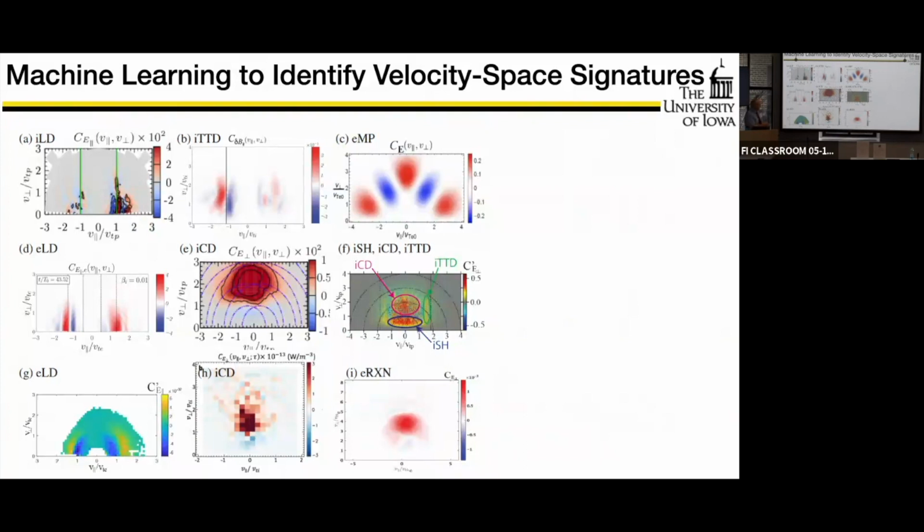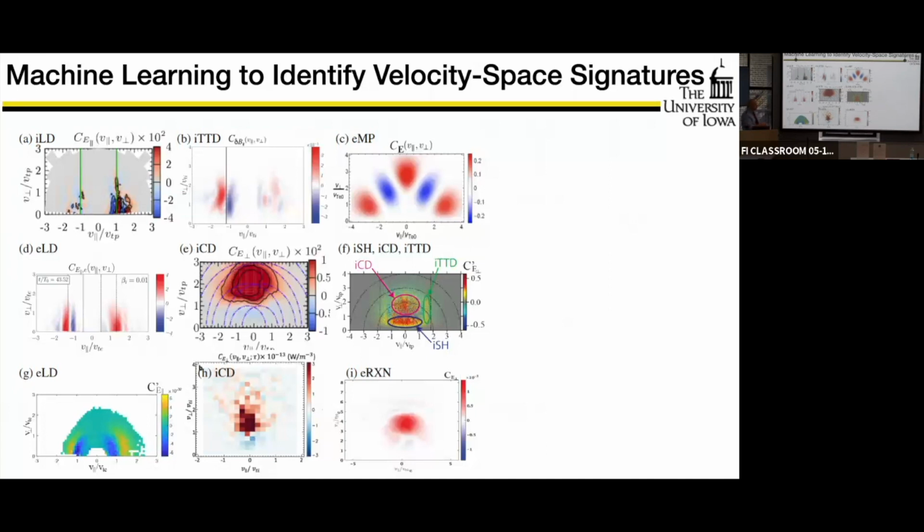These structures have to be related to the phase velocity of that wave. And there's going to be a range. In fact, the range of phase velocities for the particular parameters, this is a beta of 0.1 simulation, are between these two peaks. So that zero crossing between the blue and the red happens to fall between them. That tells you that this is probably an electron Landau damping wave.